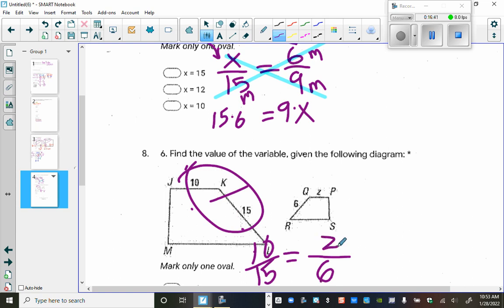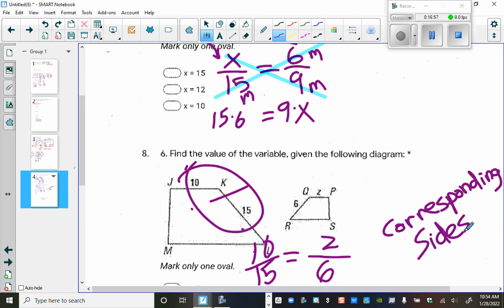Remember, the number one thing you gotta worry about is corresponding sides. And there was that problem a couple problems ago. That's why the corresponding sides, the corresponding angles, the order matters. I cannot stress that enough.